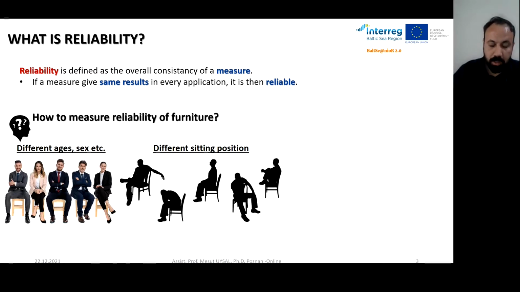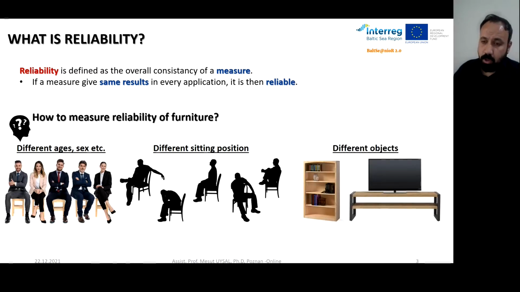Our load level is changed. Or also different objects, if you are talking about a bookcase or TV stand, there is a different load for this type of furniture.